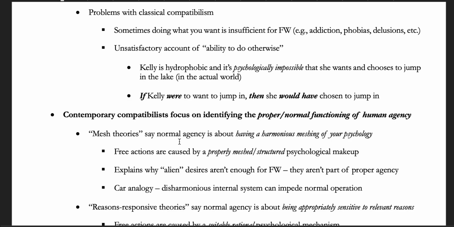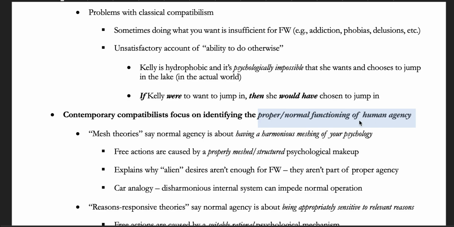So when a person acts in a way that we would say, yes, they're exercising proper or normal functioning of a human agent. What is that? That's the contemporary compatibilist focus, trying to answer that question. What is proper or normal functioning of human agency?